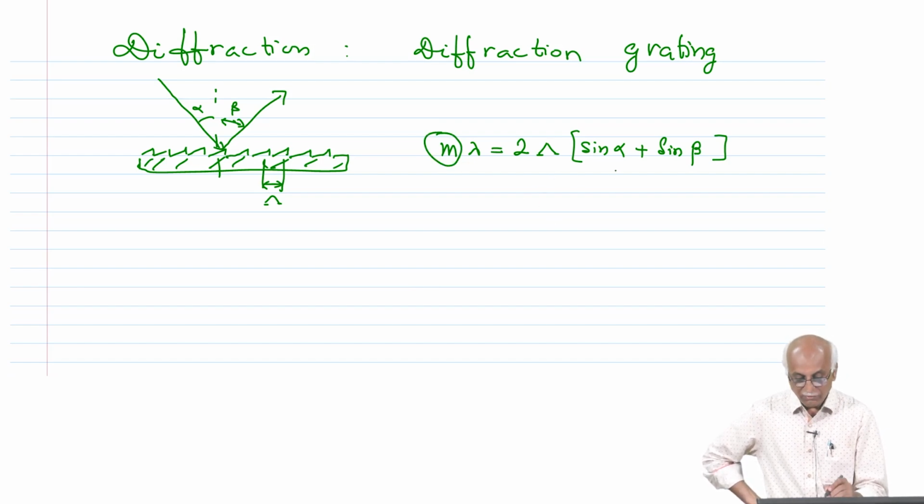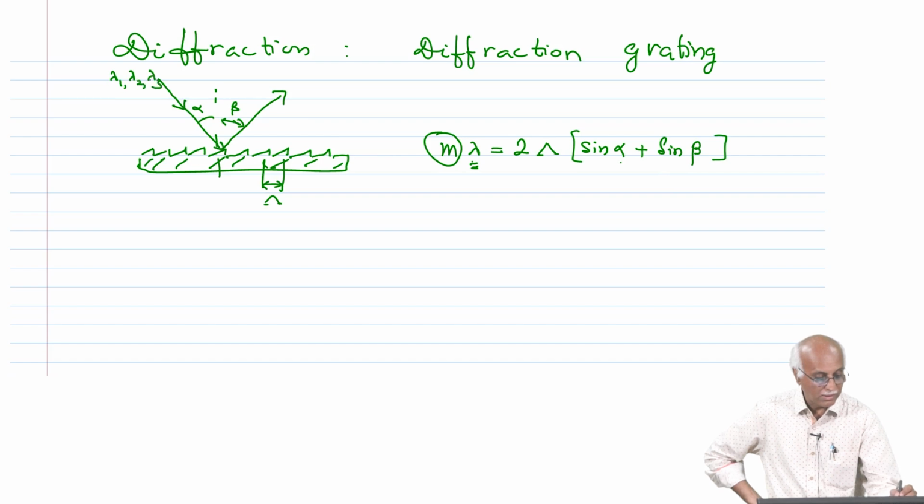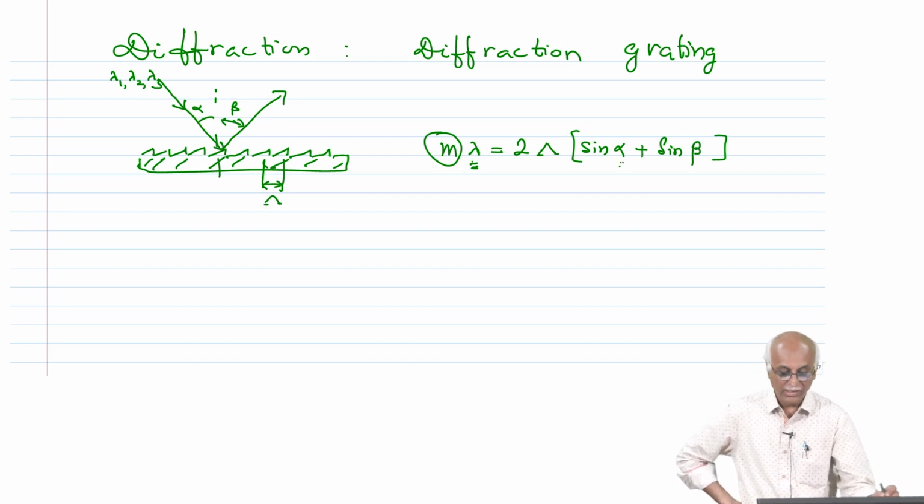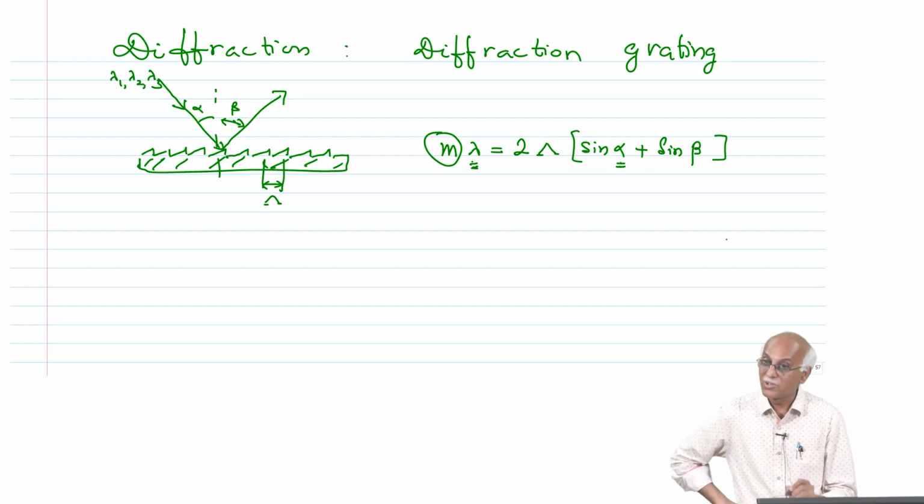If you see this equation, depending upon the wavelength, with the input angle alpha remaining the same, for lambda 1, lambda 2, lambda 3, the wavelength is different, the grating period is a physical constant, m is constant, let us say first order, alpha is constant, the incidence angle is alpha, then only the reflection angle beta will change, correct.